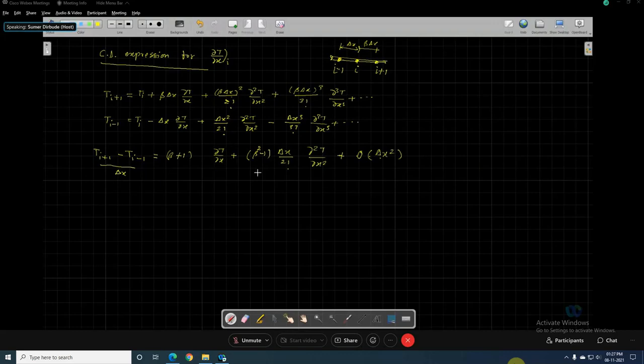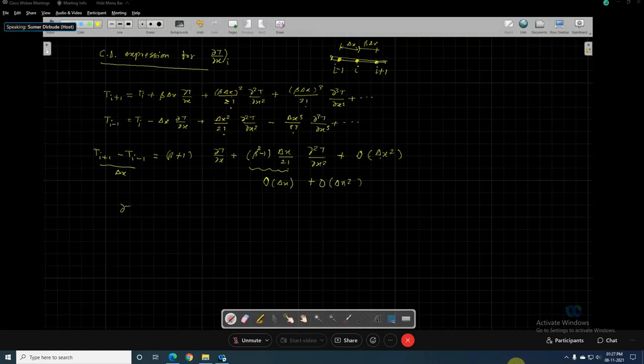Now what we got is the first leading term. Now it is order of delta x. Once you divided it, it is order of delta x, and then you have order of delta x square. But it also depends upon this beta.